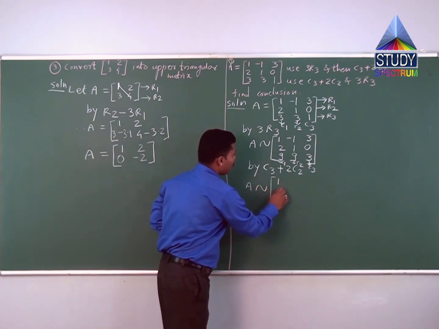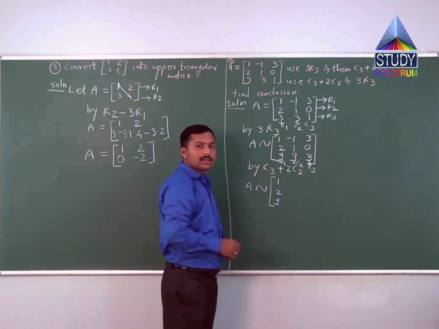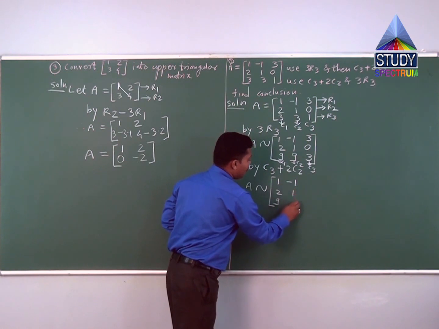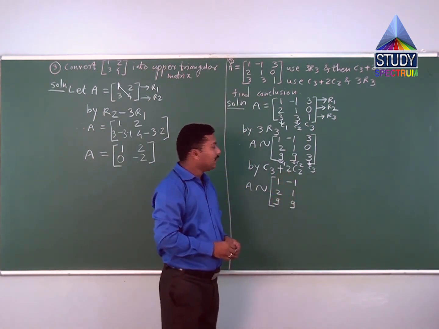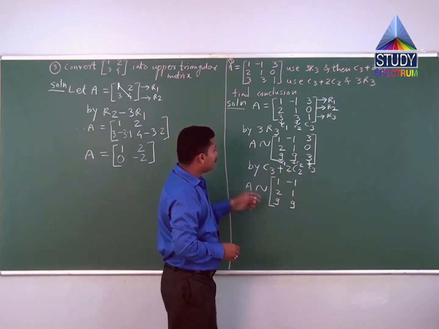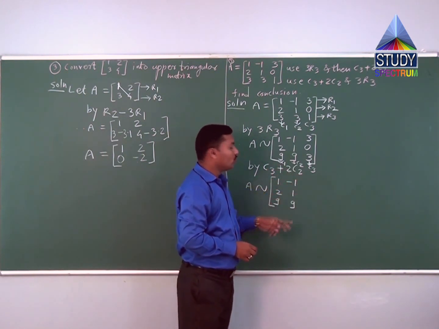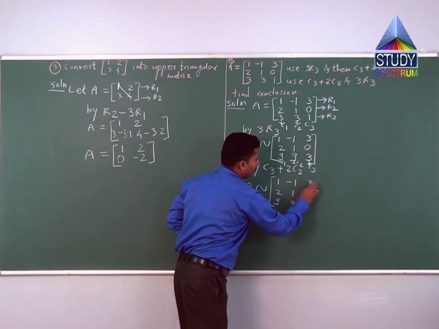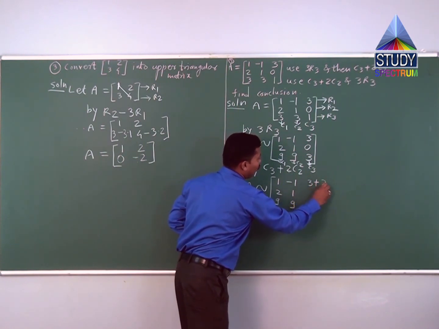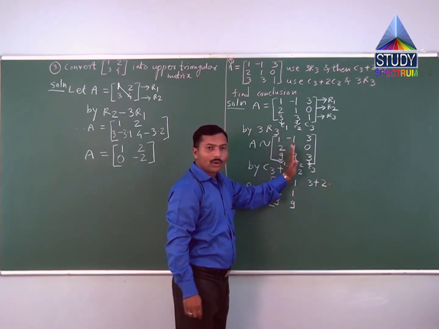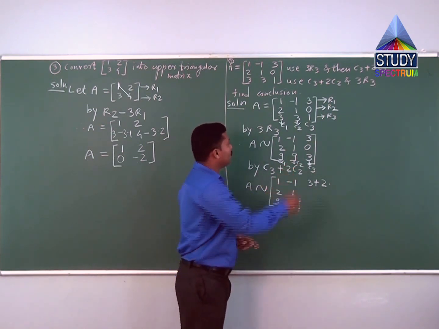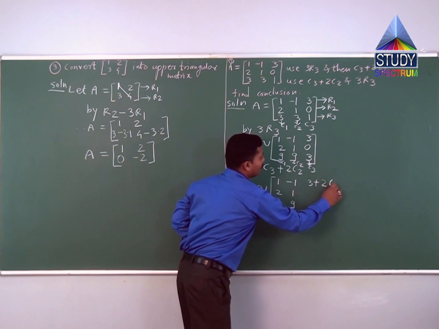So first column 1 2 9 as it is, second column minus 1 1 9 as it is, third column C3 plus 2C2 means C3 is 3 plus 2, C2 means the corresponding number of the second column, so minus 1.